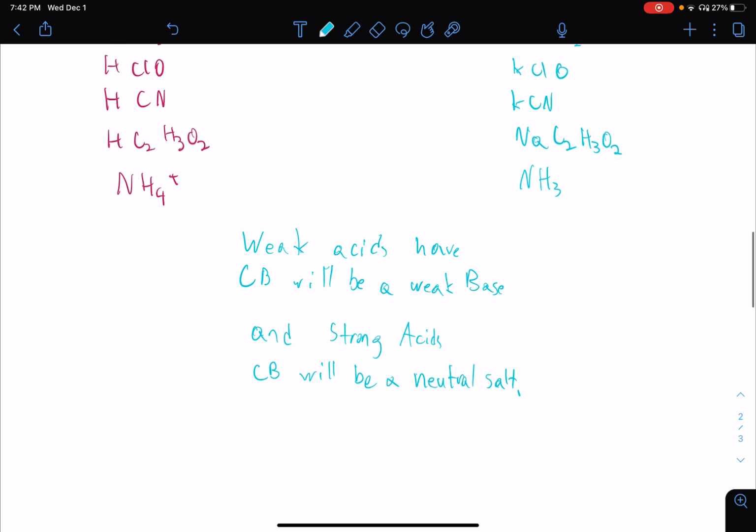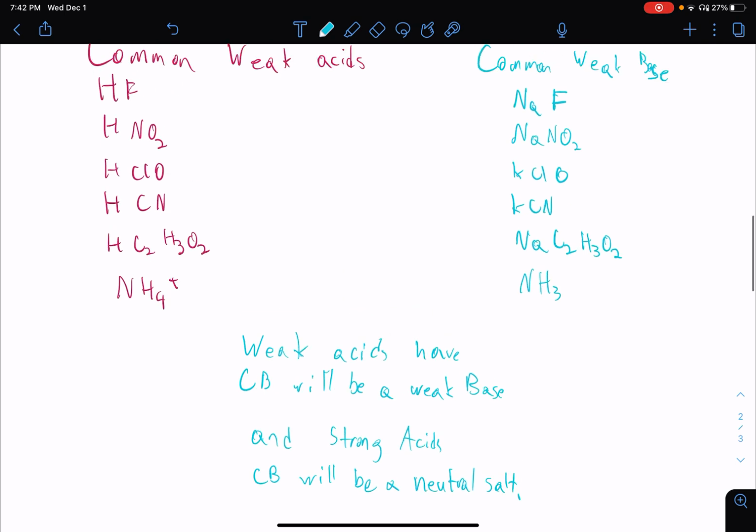And here's the thing: when we have weak acids, their conjugate bases will most likely be weak bases. They will be basic, and they will change the pH. But a strong acid with its conjugate base will be neutral.